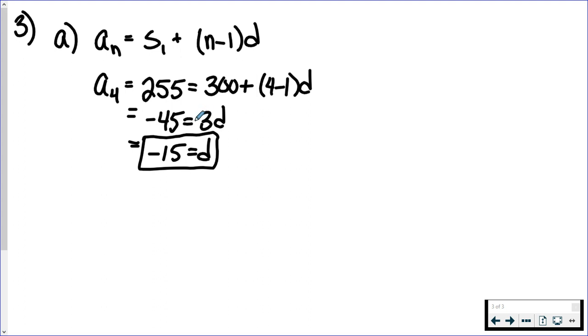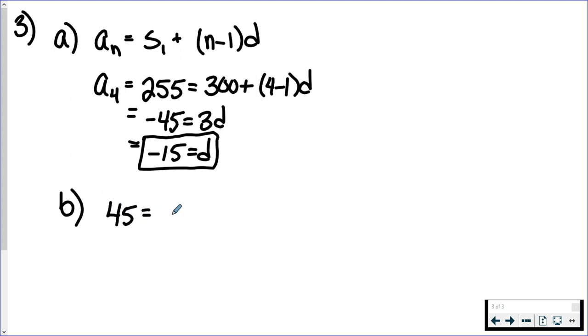B. The final level has a time of 45 seconds. Find the number of levels in the game. So we're trying to find n, but we know that the final level has 45 seconds.